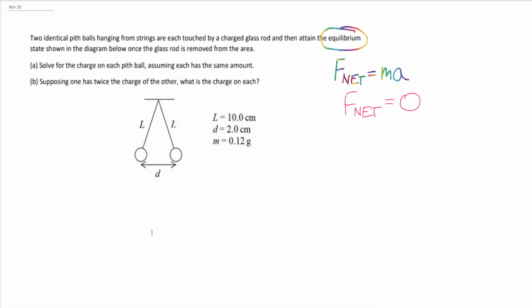You're told that they each have the same amount of charge, right? So did you choose a value there?